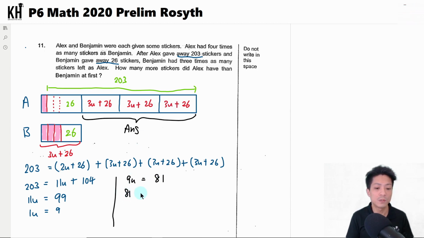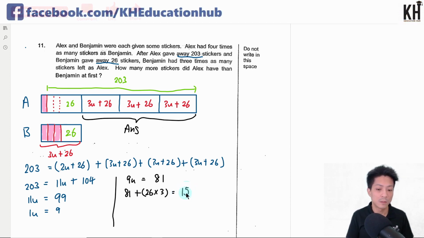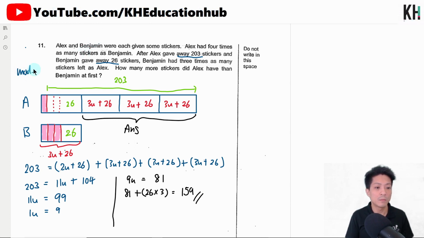Then after that we need to use 81 plus 26 times 3. That will give us 159 stickers. So this is the model method.